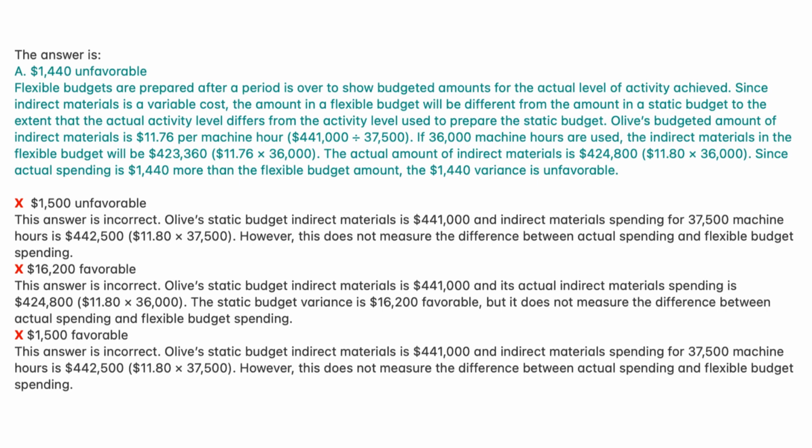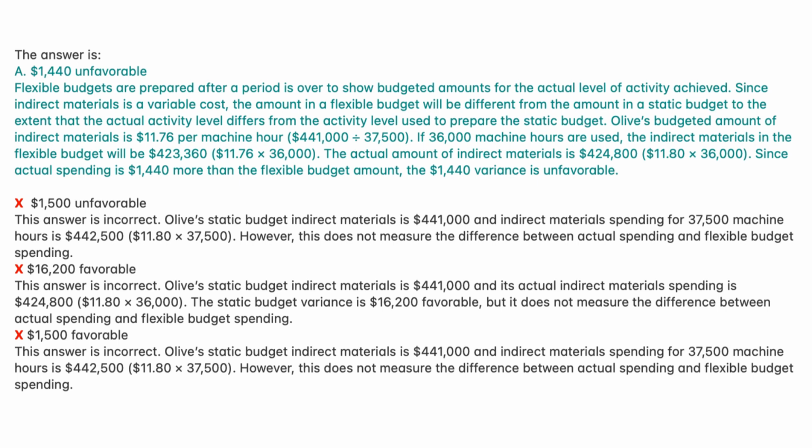activity achieved. Since indirect materials is a variable cost, the amount in a flexible budget will be different from the amount in a static budget to the extent that the actual activity level differs from the activity level used to prepare the static budget. Olive's budgeted amount of indirect materials is $11.76 per machine hour, $441,000 divided by 37,500.